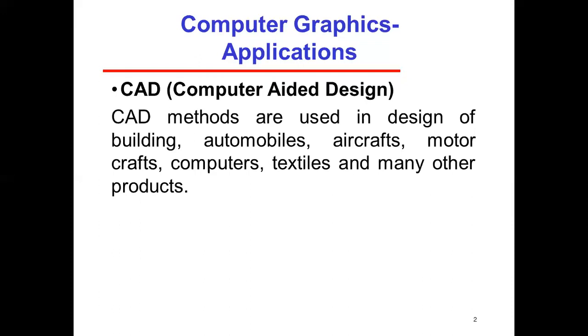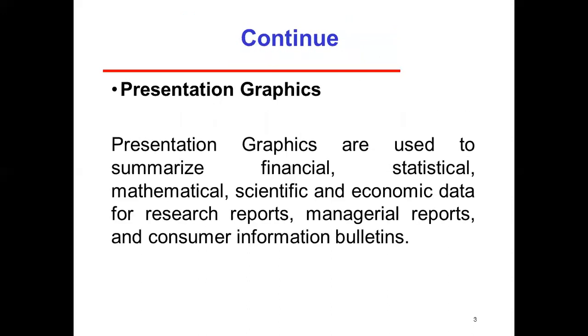We can practice the design of various buildings as well as mechanical parts. We can also design various circuits using AutoCAD. So this is one of the best software, and it is based on computer graphics.